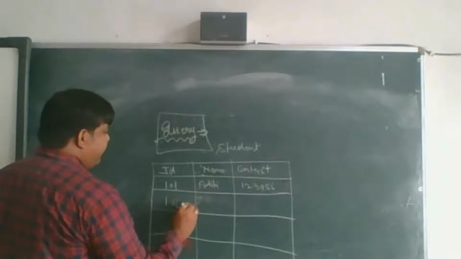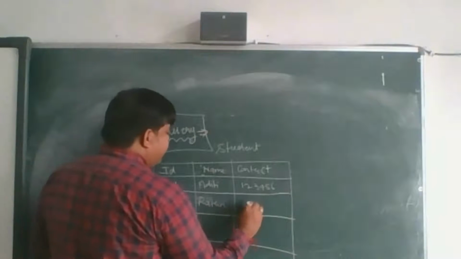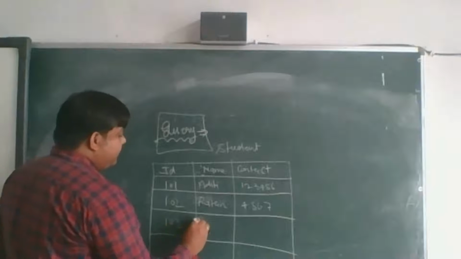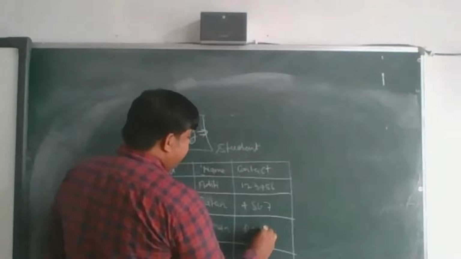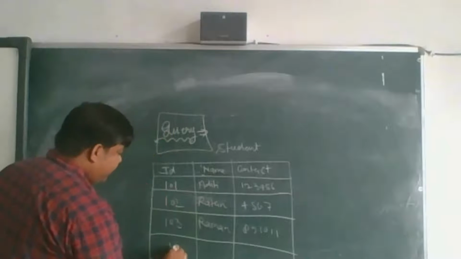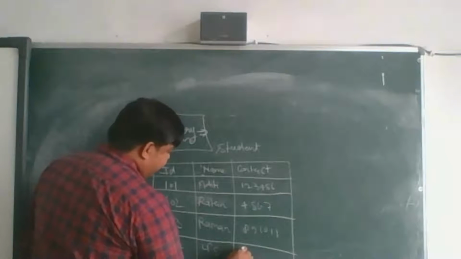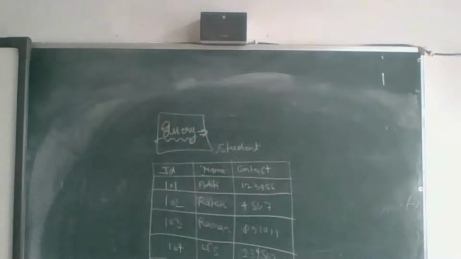We have ID 102, name is Ratan, contact is 456. Same as it is, we have Raman and 104, with some contact numbers. So this is a table.